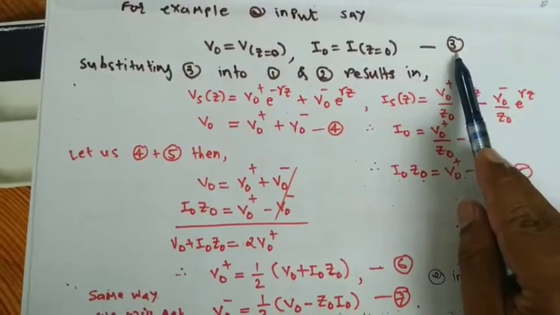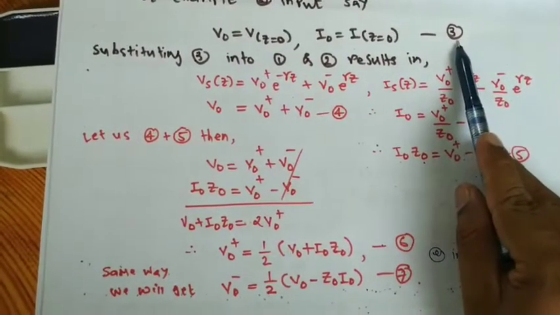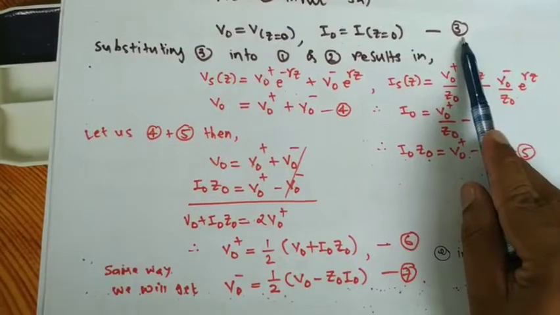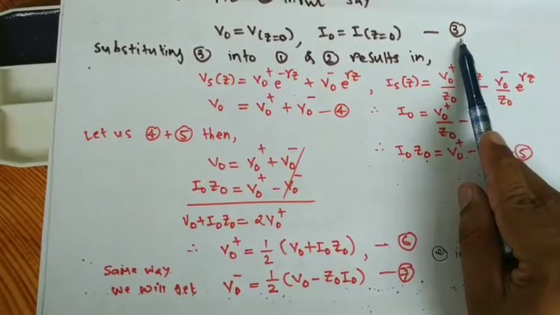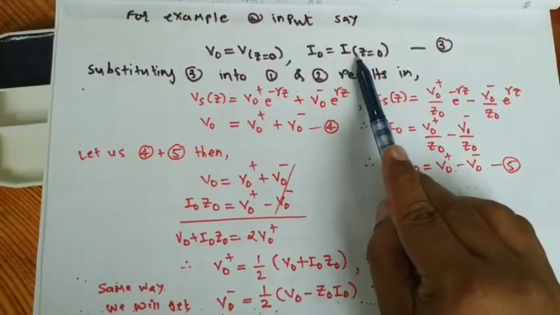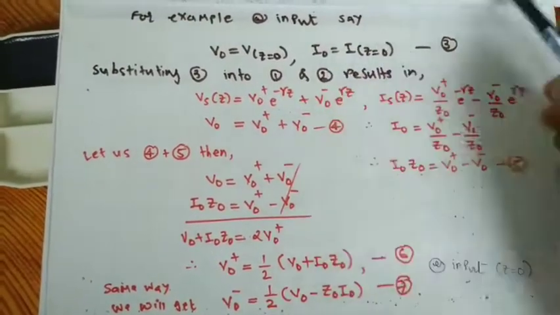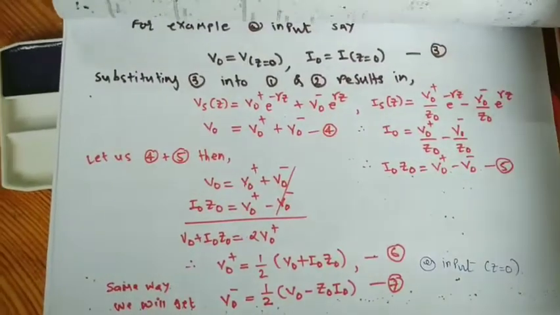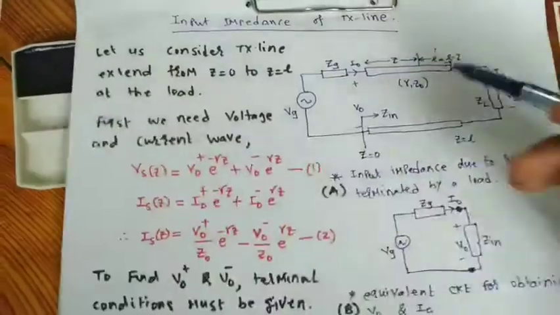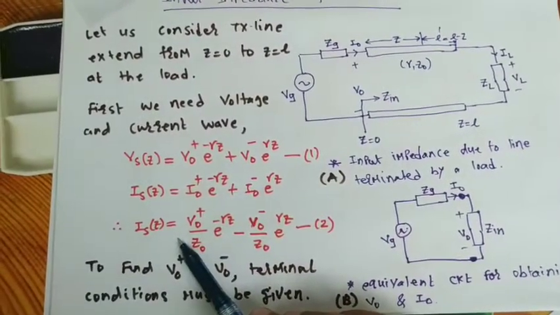Now let us try to find the input impedance at the generator side. For that, first of all, let us substitute these two conditional expressions into expressions 1 and 2, which are the voltage and current wave equations.